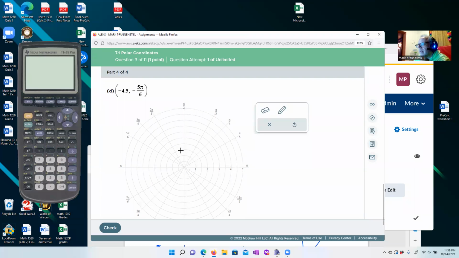All right. And then we have negative 5 pi over 6. So again, where is 5 pi over 6? It's going to be here somewhere. That's negative 5 pi over 6. So instead of going 5 pi over 6 positive, we're going 5 pi over 6 negative. So we're here. There's 5 or 6. We have 1, 2, 3, 4, 5.5.